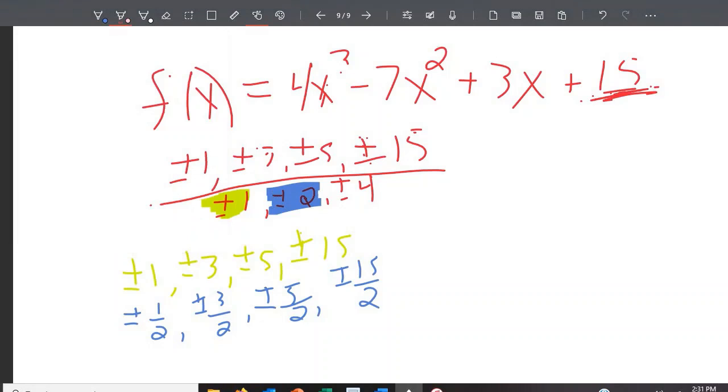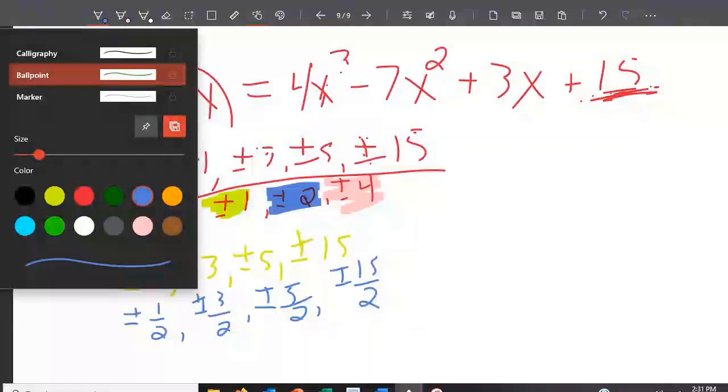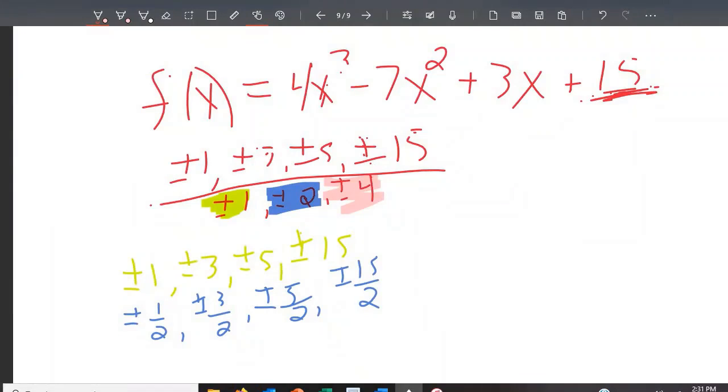Then I'm going to take the 4 and divide it into everything in the top. So we'll have plus or minus 1/4, plus or minus 3/4, plus or minus 5/4, plus or minus 15/4.